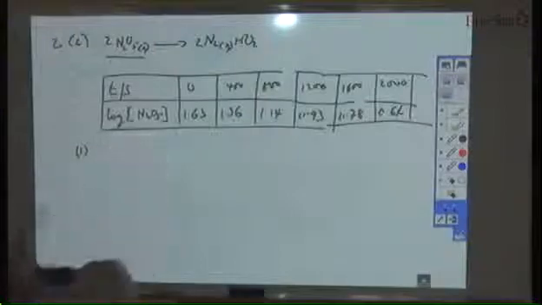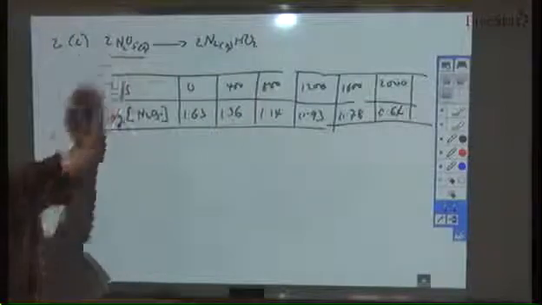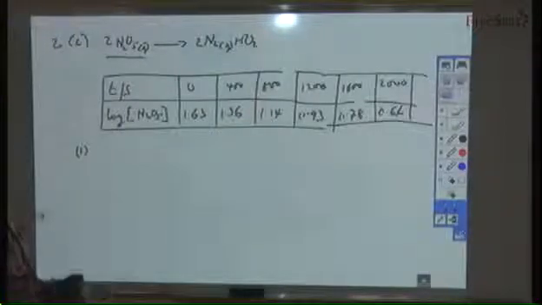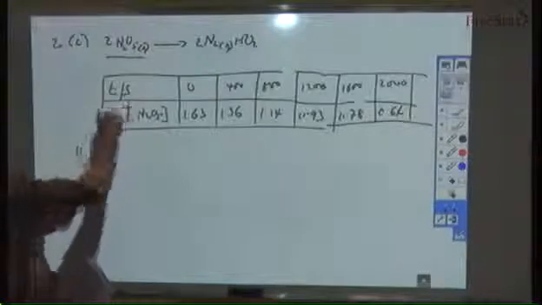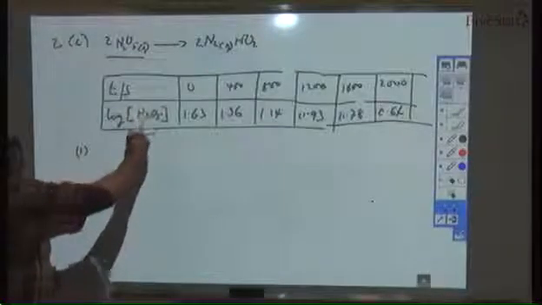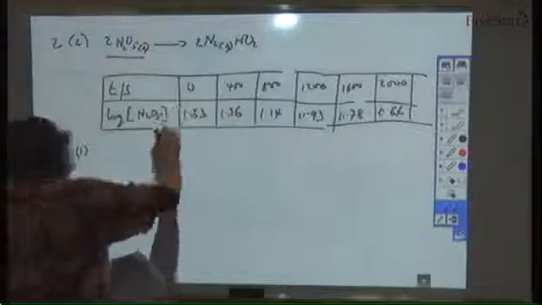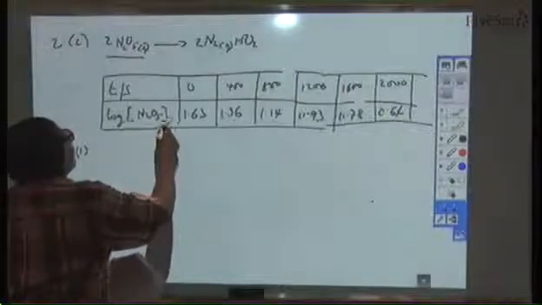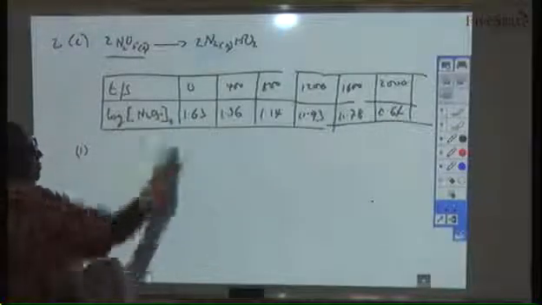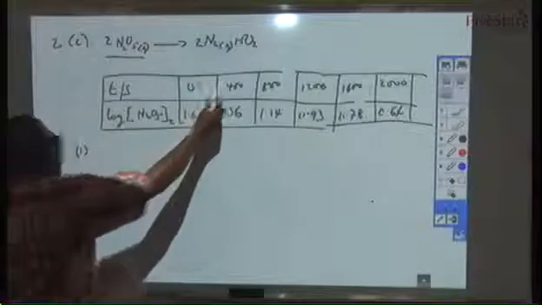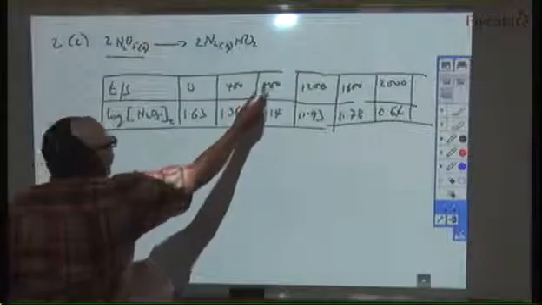We are given data for the decomposition of nitrogen protoxide. Time, the logarithm of the concentration at various times. This initially was this one, at this second was this one.